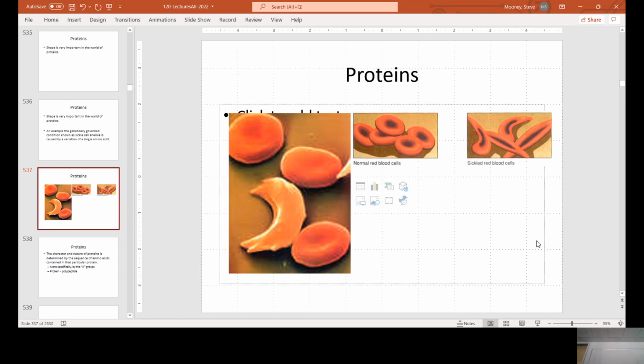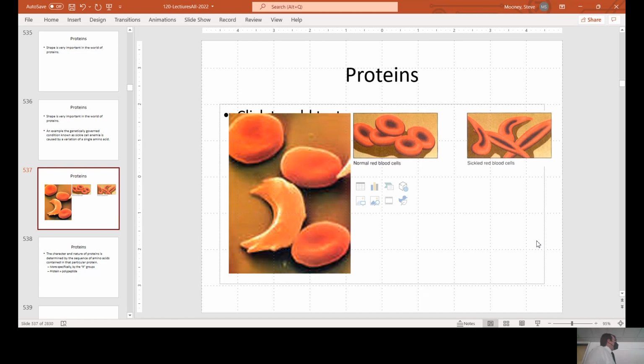So standard red blood cells are going to have that double concave shape, like a donut where we didn't quite finish the hole. The change of that one amino acid in that thousands of amino acid protein is going to change the shape of the cell.